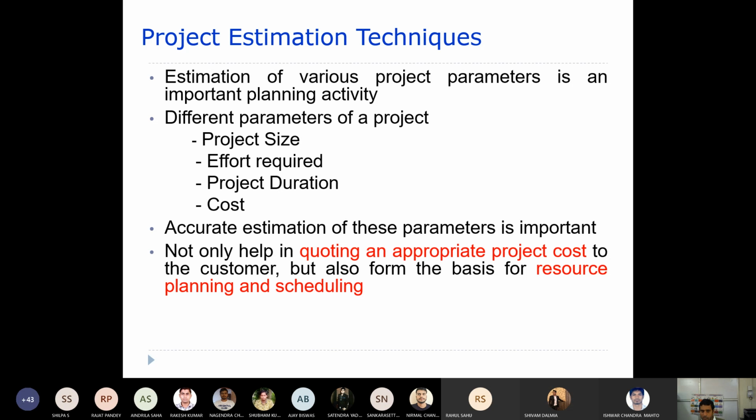How you are going to plan your resources, as well as how you schedule different tasks of a project. So if you have a proper estimation of these parameters, you can quote an appropriate project cost, and it will be much more helpful during resource planning and scheduling.